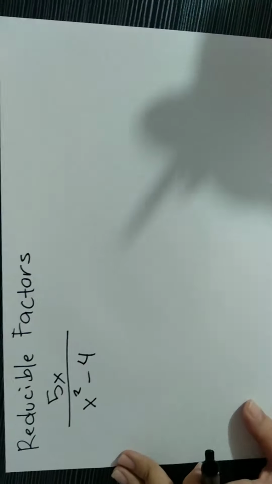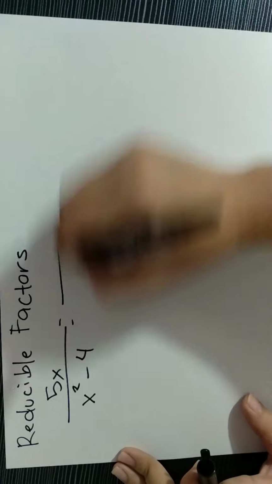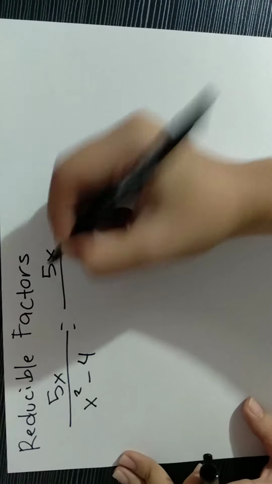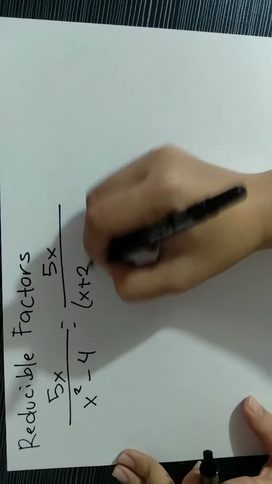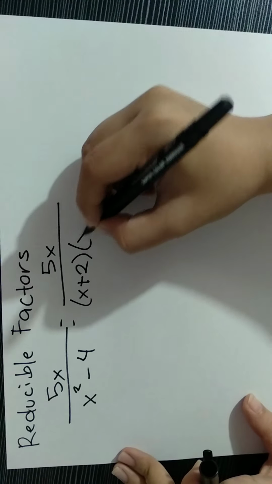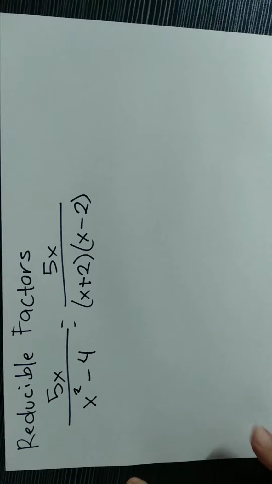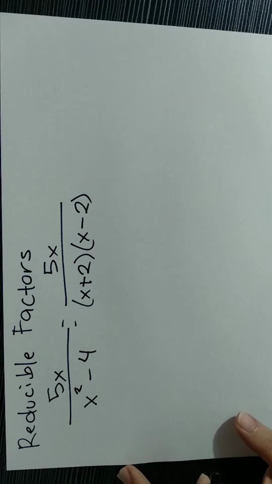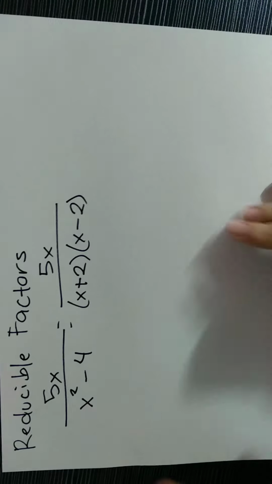Our first step is to factor out the denominator. This would equal 5x over x plus 2 times x minus 2. Now, let us reduce the rational function into its equivalent sum of rational functions.